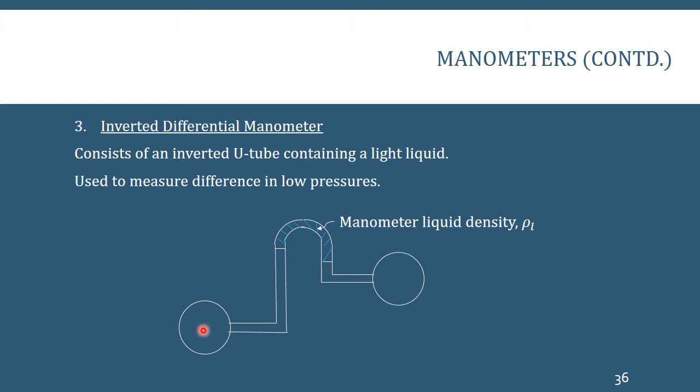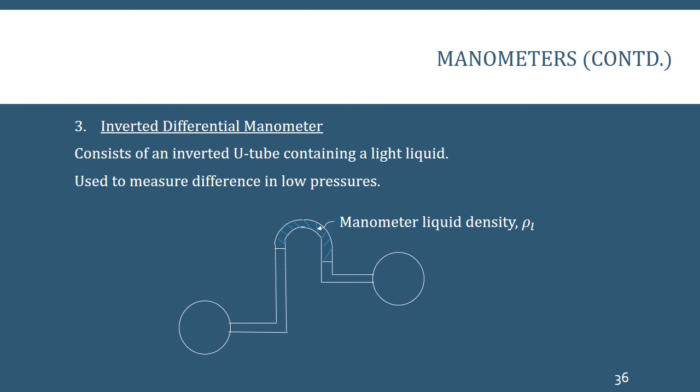So in order to measure low pressure differences, we will usually resort to an inverted U-tube manometer. Like a simple U-tube manometer, instead of mercury, there will be another liquid of density rho L, which is lighter than the liquid inside the pipe, inside the inverted U-tube manometer.